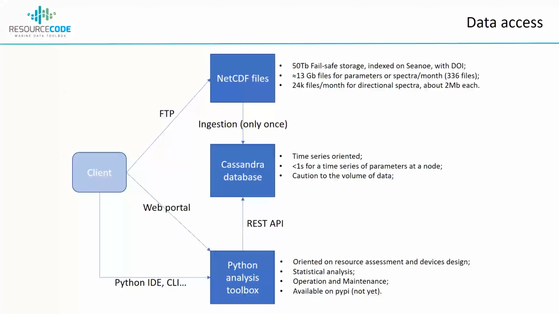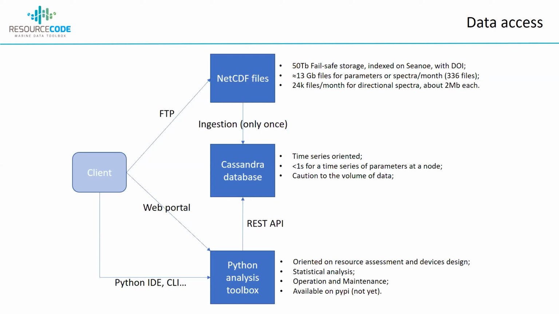Thanks. So the idea is that the data can be accessed in several ways. Maybe the old one, the reference one, is accessing through netcdf files via FTP. But as Mika said, this data is very large.